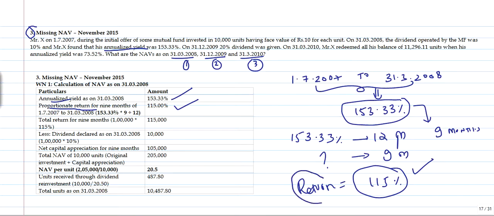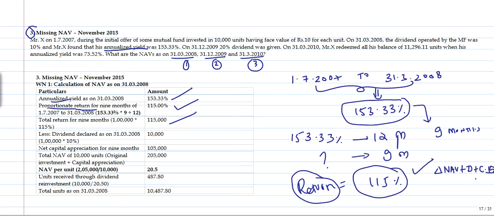This is the return, not an investment. So what is the investment? 1 lakh, 1 lakh into 115 percent, 1 lakh 15,000 will be the return. What does the return mean? Return includes changes in the NAV plus dividend plus capital distribution if any.